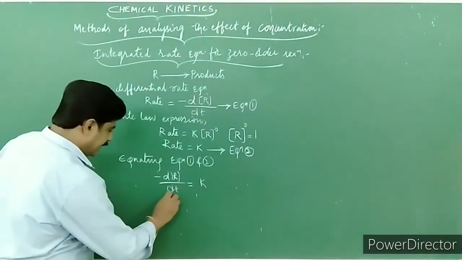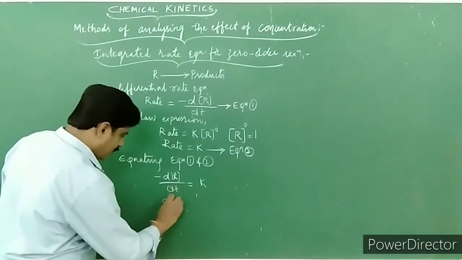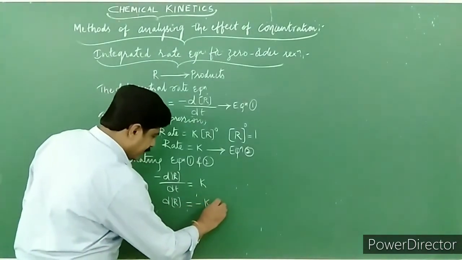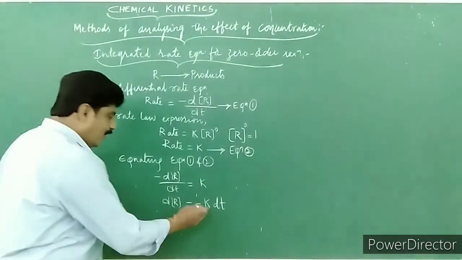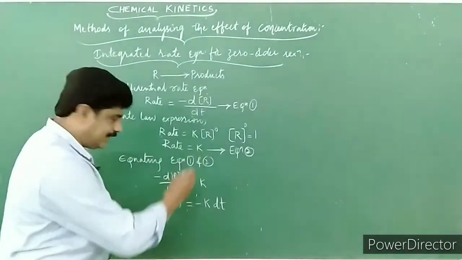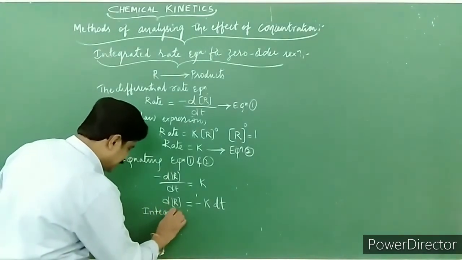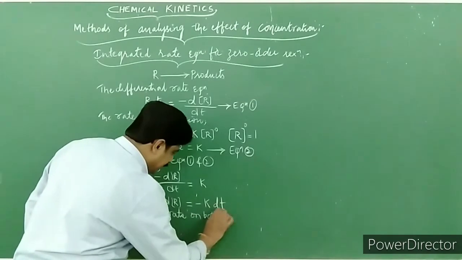Now let me rearrange, children. d[R], the concentration of reactant, is equal to minus k into dt. Children, now I integrate on both the sides.